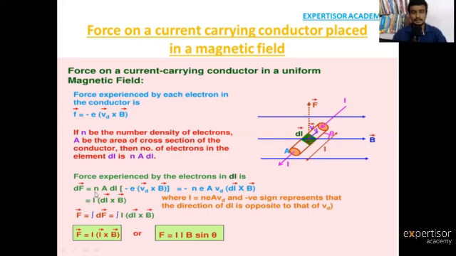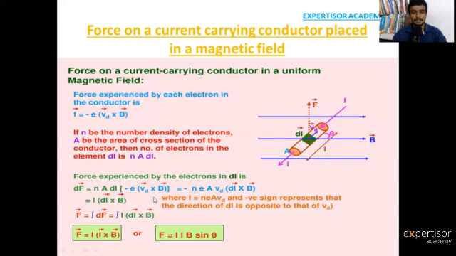So dF is equal to n A dl into minus e Vd cross B. This is the magnetic force for n density of electrons, area A, and length dl. So finally, dF is equal to minus n e A Vd dl cross B.